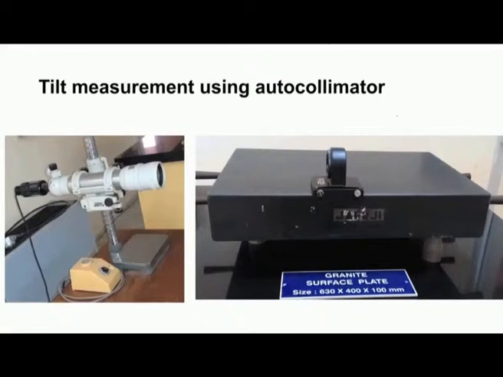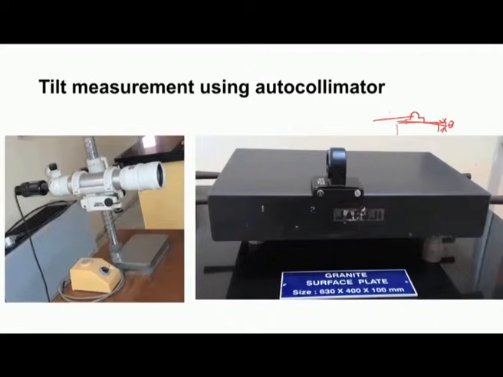Now, you can see here, let us assume that we have kept this mirror on a workpiece surface like this, and a light ray will fall on the mirror and it will get reflected. Now, let us assume that there is a small tilt of the surface like this. So, the angle theta is the tilt angle.